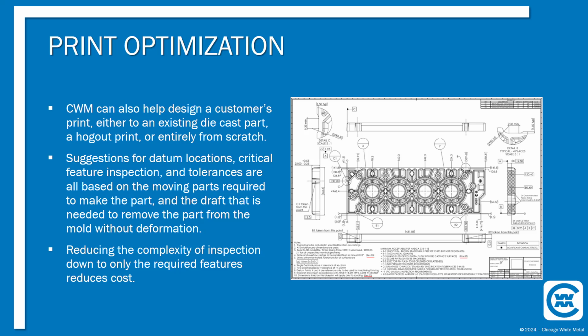Print sometimes ends up being the last thing to look at, but it can have a big impact if there are tolerances on there that are too tight or tighter than they need to be. That can have an impact on the overall cost of the part. So definitely consider that when you're looking at your drawing, and we're happy to look at that with you.